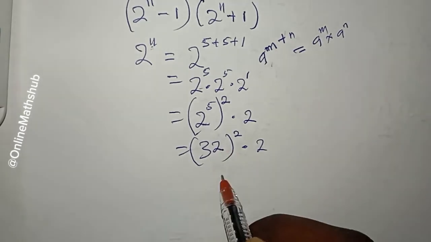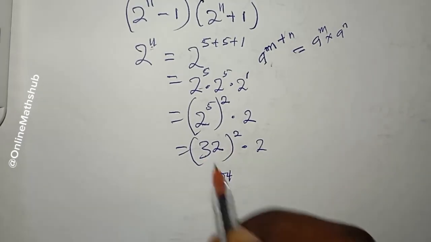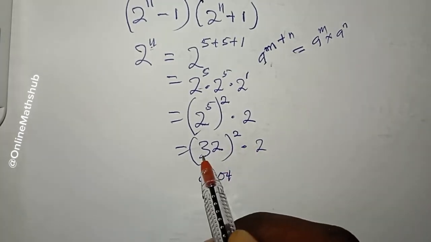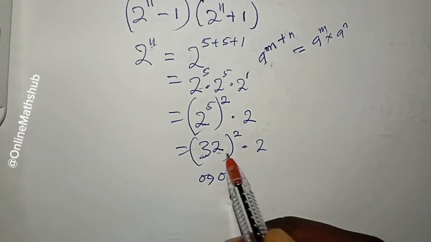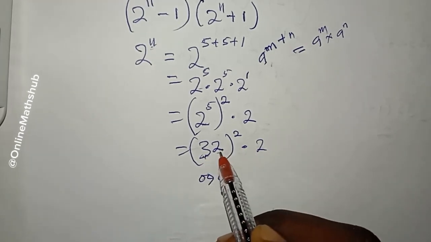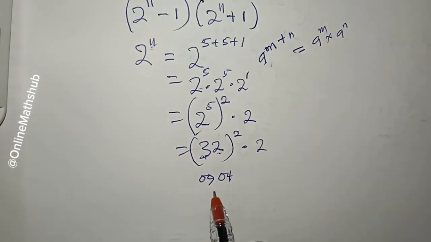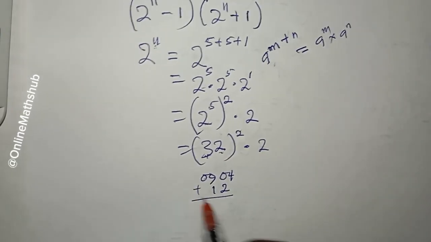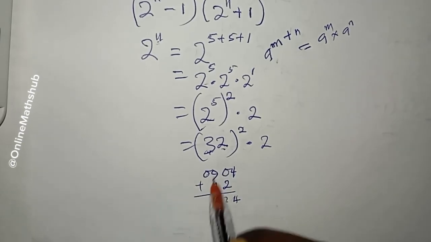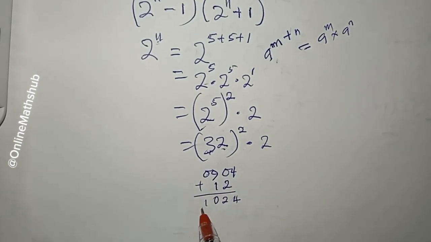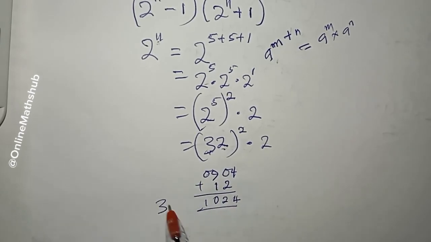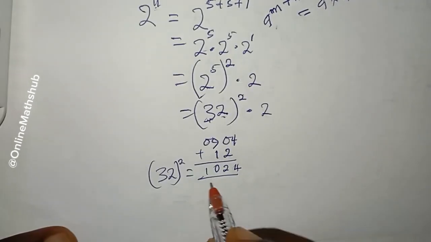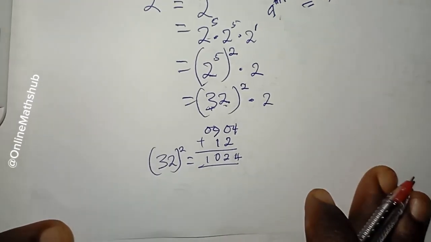2 times 2 is 4, so you write it in 2 digits. 3 times 3 is 9, and you also write it in 3 digits. Then you multiply the 2 terms: 3 times 2 is 6, multiplied by the power, that is 12. You write it this way, and then you sum. This is 4, this is 2, and this is 0. So obviously 32 squared is equal to 1024.